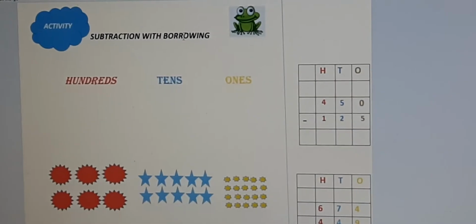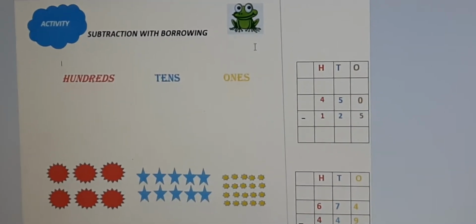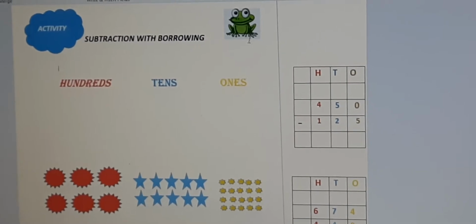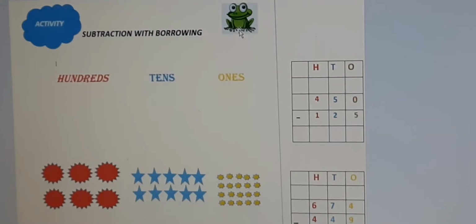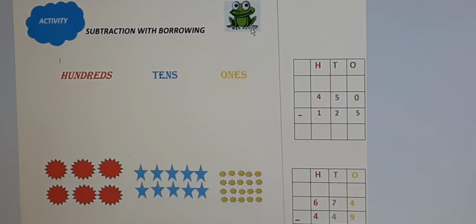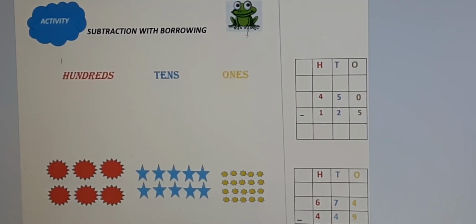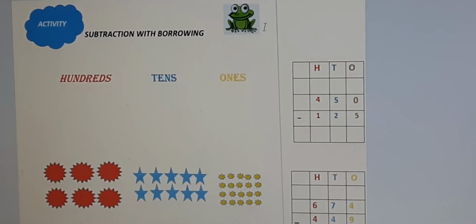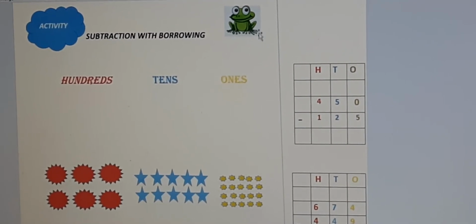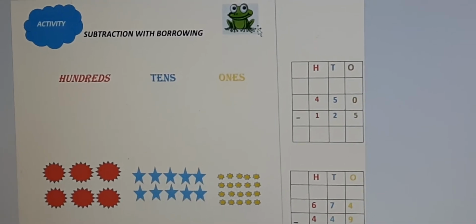So this activity is about Froggy. Do you know who's Froggy, kids? Froggy is a very naughty frog, and he hops and hops and hops in the jungle day and night. But do you know what is the favorite pastime of Froggy?